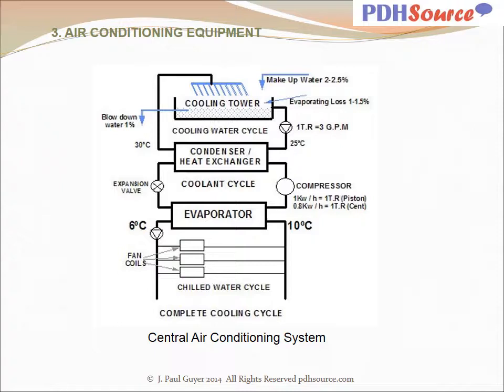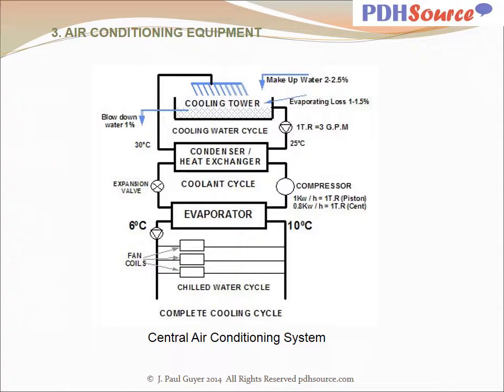That water is pumped back to the top of the cooling tower, where it is sprayed out of nozzles in the top of the cooling tower. Some of that water evaporates as it is sprayed out of the nozzles and falls down through the cooling tower.